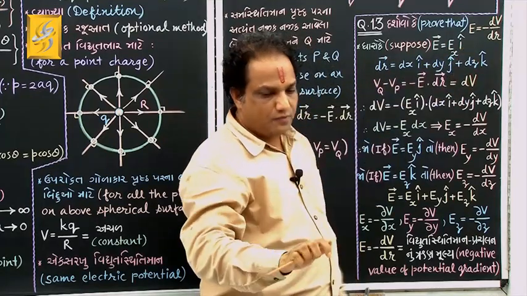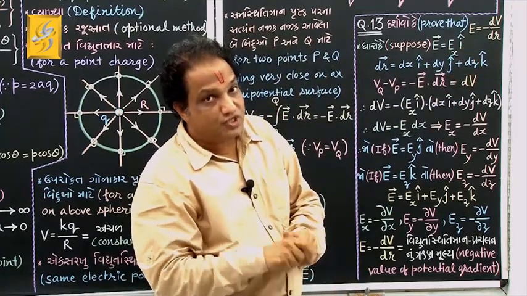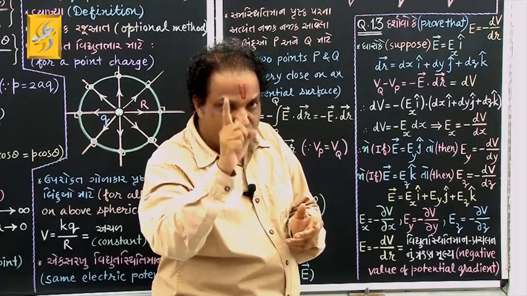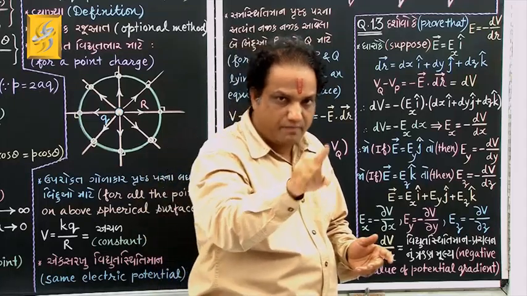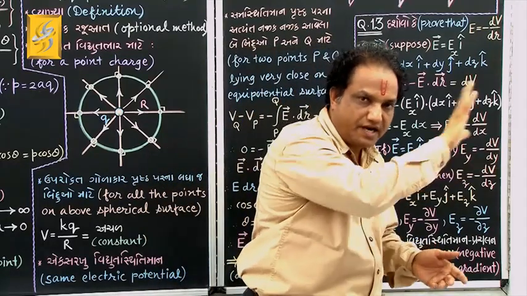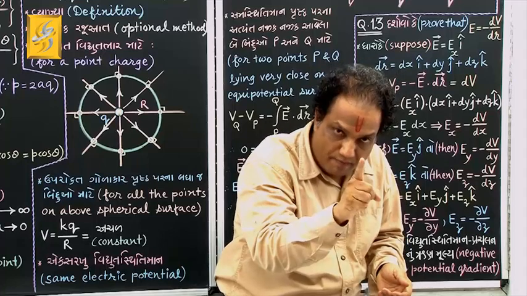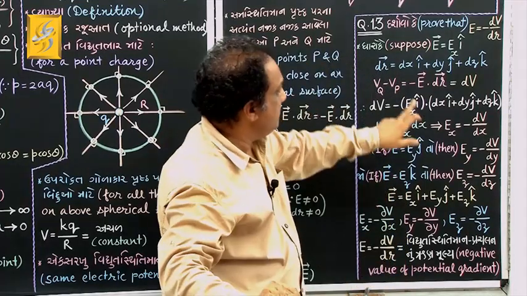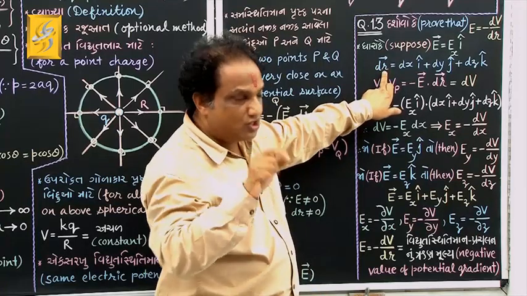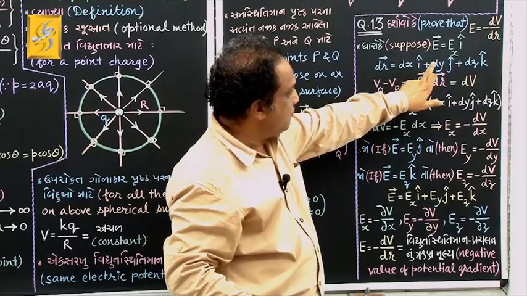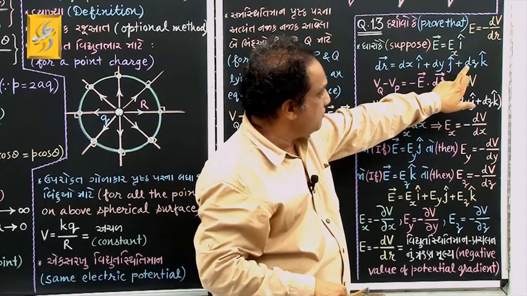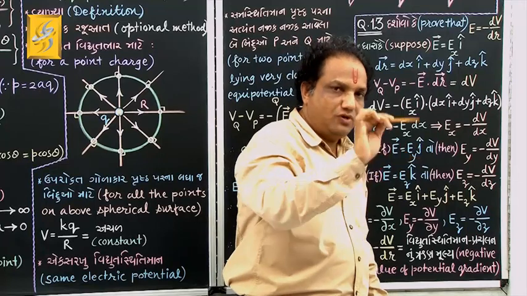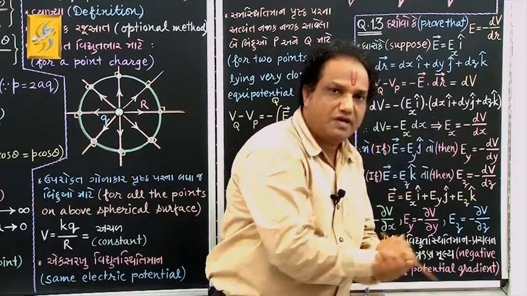Now, don't you know the position vector formula from 11th standard? Vector r equals, in 3 dimensions, x into i hat plus y into j hat plus z into k hat. Now you remember the formula for an extremely small displacement vector, let it be vector dr. Then instead of x you write dx, instead of y you write dy, instead of z you write dz. That is dx i hat plus dy j hat plus dz k hat.